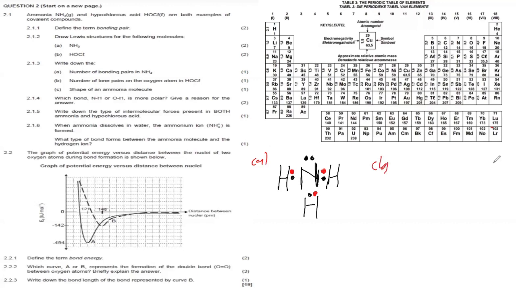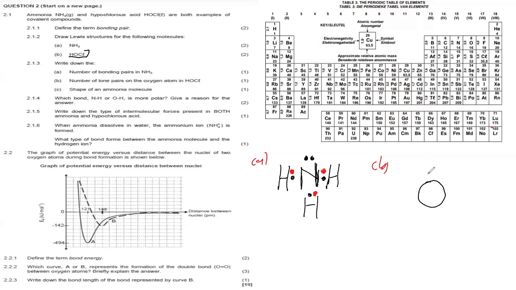For B, which one are we making? Here we can see that we have 3 different atoms, so it's a battle of which one do we make the central atom. But you can easily just see it from here. You can just make oxygen the central atom. So we have our oxygen like this.